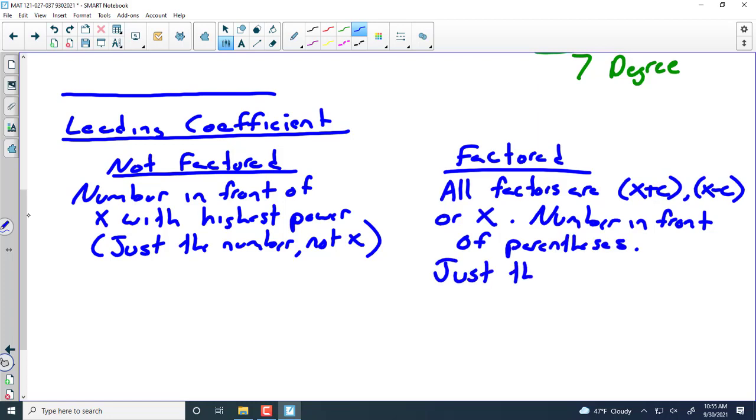Just the number, even if there is also an x. I'll show you what I mean by that later. But the leading coefficient is always just the number. You should never have an x with your leading coefficient. And when I say just the number, even if there's also an x, you'll see what that means in a little bit.